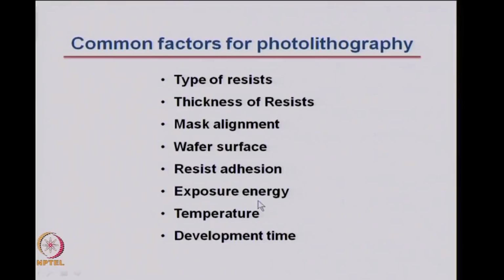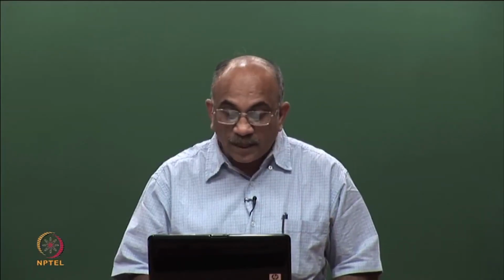So, the exposure energy is important, the temperature of baking is important, and the time that you allow for the development using some chemicals is also important. So, there are several factors which you need to optimize to get a proper pattern using photolithography.